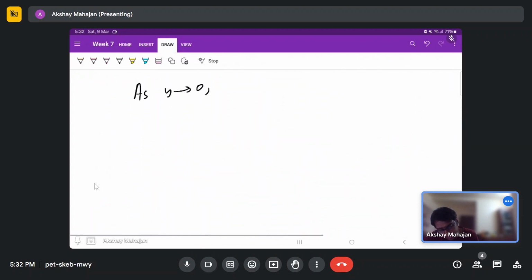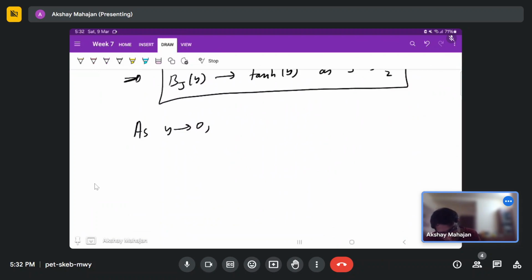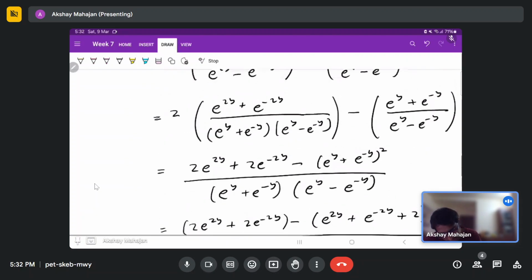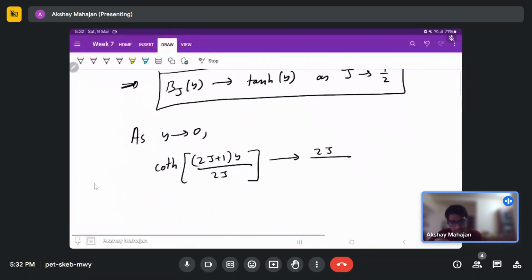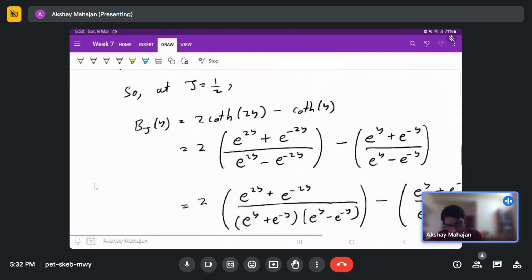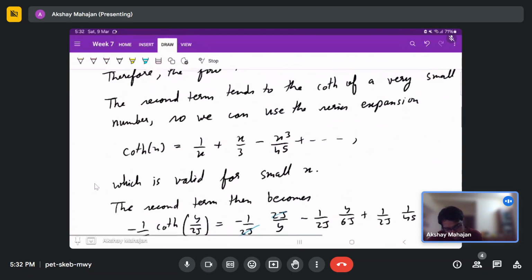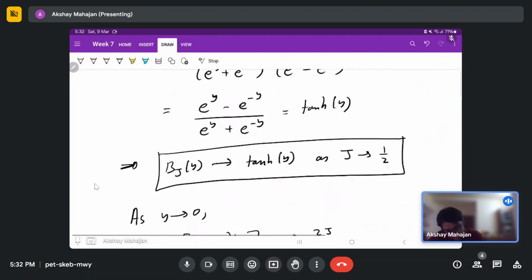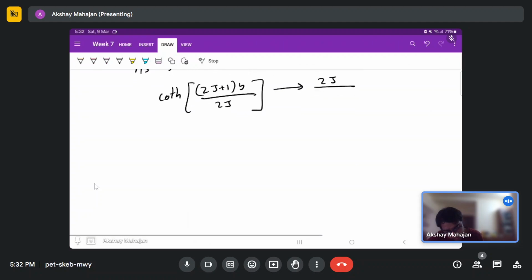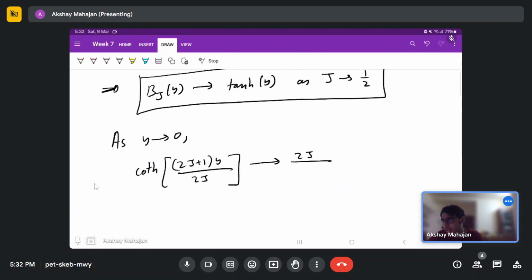So now as y tends towards 0, this coth of (2j+1)y upon 2j is again the coth of a small number, and as we have seen, we can do this 1 by x expansion.